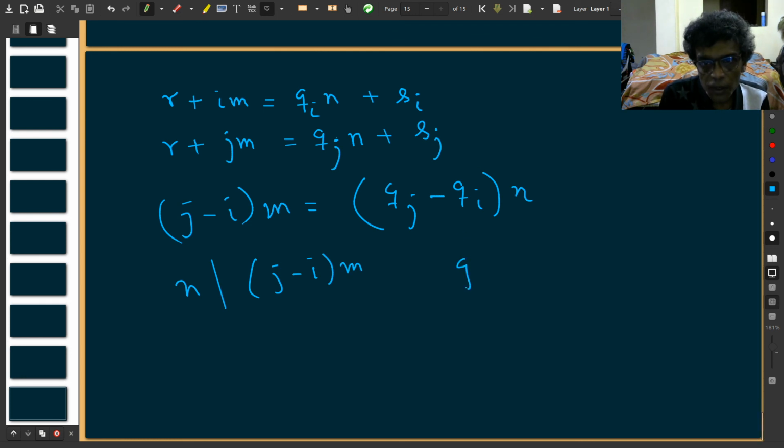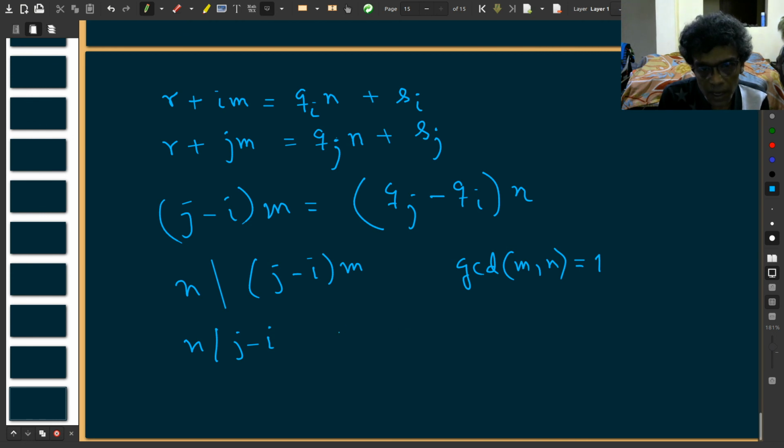Now, I use the condition GCD of m and n equal to 1. So, n divides this, but has no common factor with m. So, it must be that n divides j minus i. But then, what do I have?